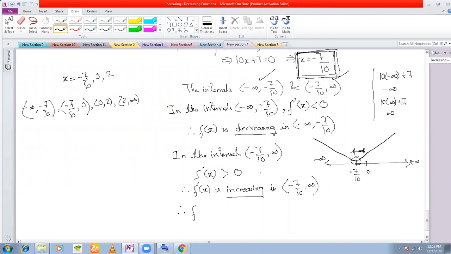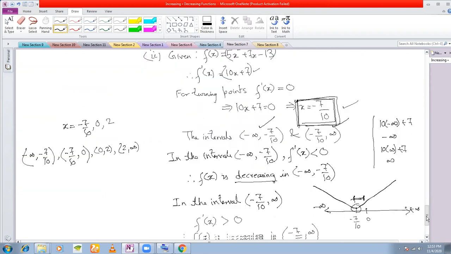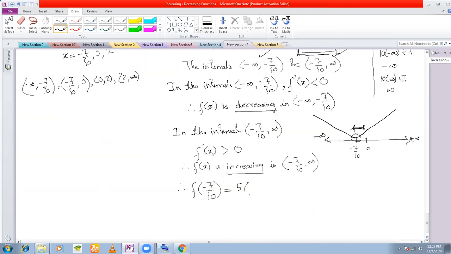Now since we have got the x coordinate of our turning point, we shall find out the y coordinate. f of minus 7 by 10: put it in the function to get the y coordinate. What is the function? 5x squared plus 7x minus 13.